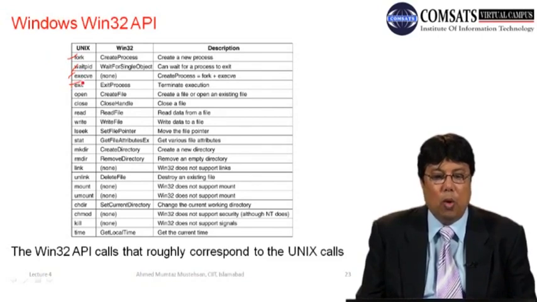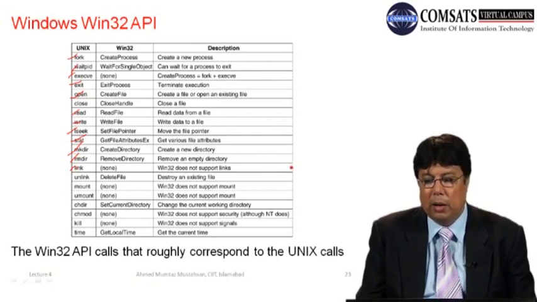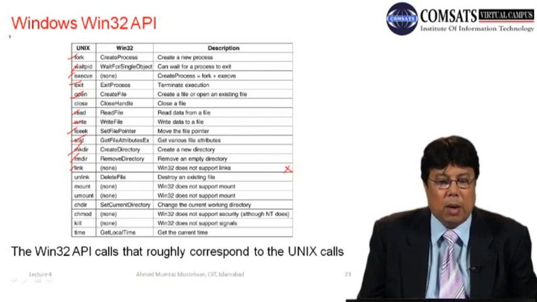is present in both. Open we have seen that, read and write we have seen that, lseek we have seen that, stat we have seen that, make directory, remove directory is there, link is there. Win32 does not support link, so this is not there. Similarly this command is not there, sorry, this is fork.